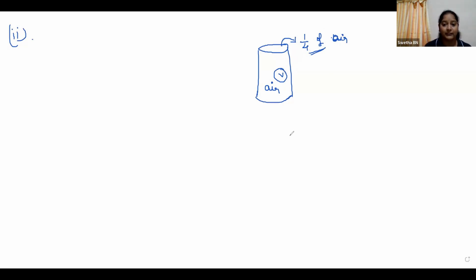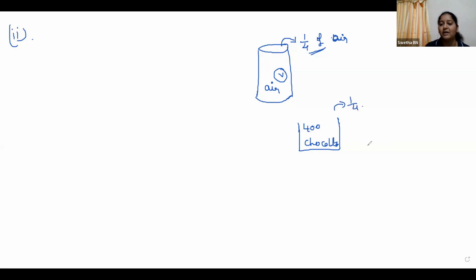And I'll give another example. For example, you have 400 chocolates in a box. You have to remove 1/4 of it.